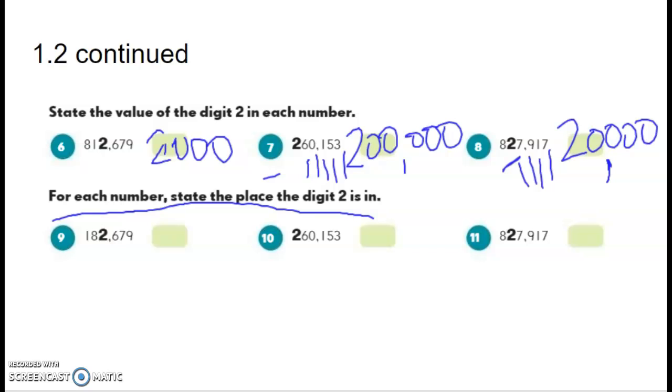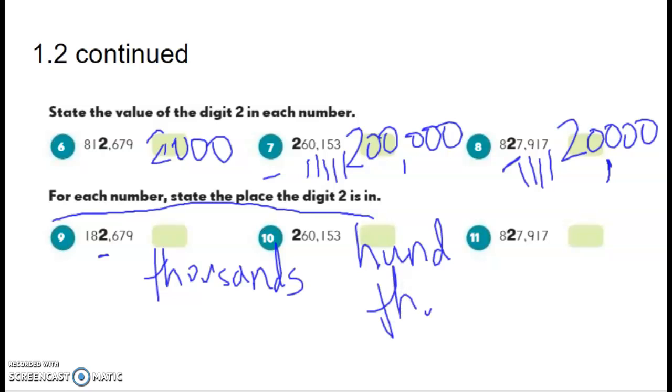So we always have to read really carefully and see what it's asking. Okay, here it's in the thousands place. Here we have it in the hundred thousands place. I'm going to abbreviate this one. It's fine if you want to do that. And then here we have it in the 10,000s place.